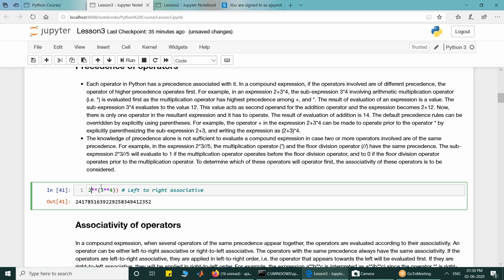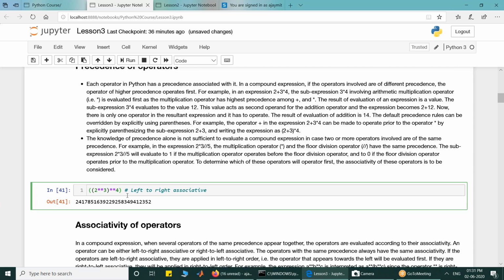But if I want 2 raised to power 3 to be computed first, and then the result to be raised to the power of 4, then I explicitly parenthesize it and write it like this. Now if I have written 2 raised to power 3 within brackets and then raised to power 4, then I have overridden the precedence rule by explicitly making use of parentheses.